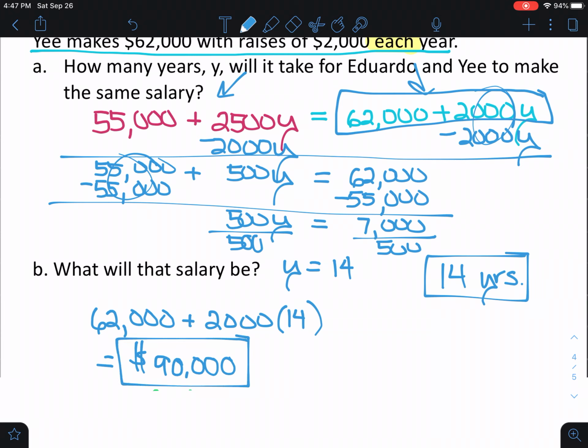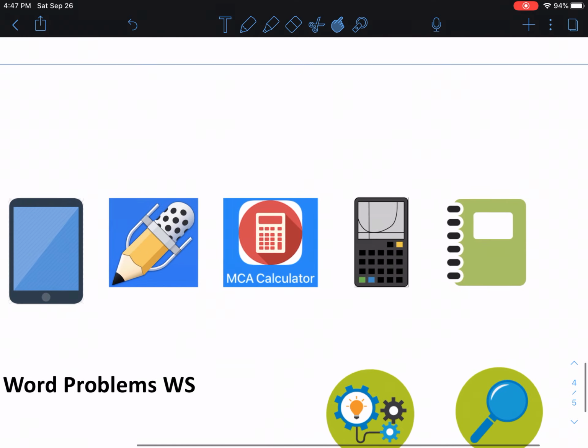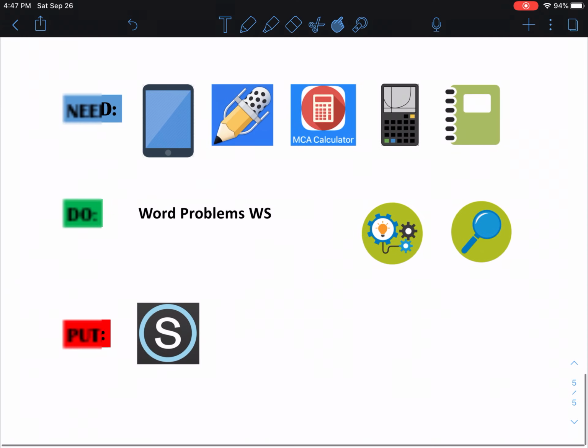So after 14 years, both Eduardo and Yi will be making $90,000 a year. Pretty good. All right. So now your last assignment in this unit is on word problems, and there are 3 problems that I'd like you to do, and that's it.